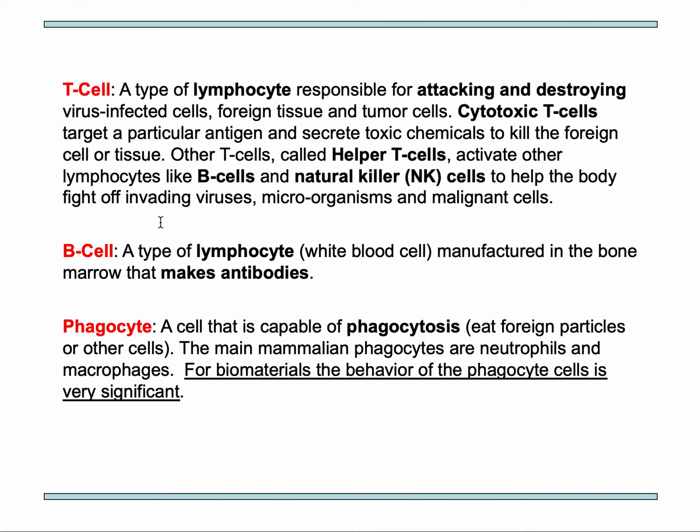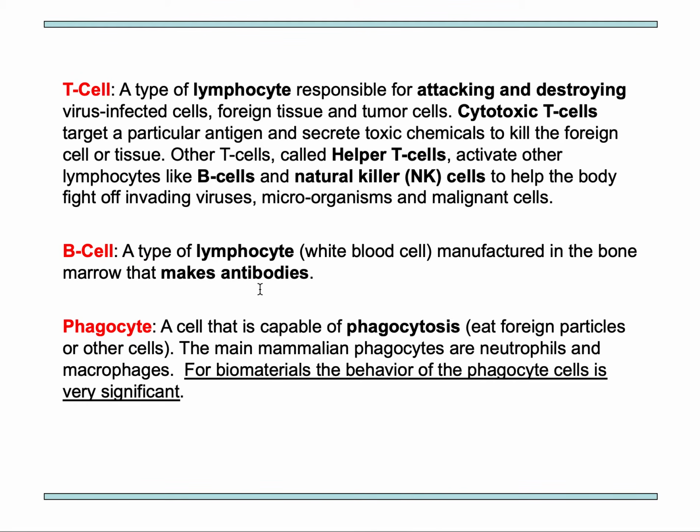B cells and natural killer cells are important in fighting invading viruses, microorganisms, and malignant cells, similar to the cytotoxic T cells, but they work in different ways. Cytotoxic T cells secrete toxins and toxic chemicals. B cells, on the other hand, are another type of lymphocyte, but they secrete antibodies.